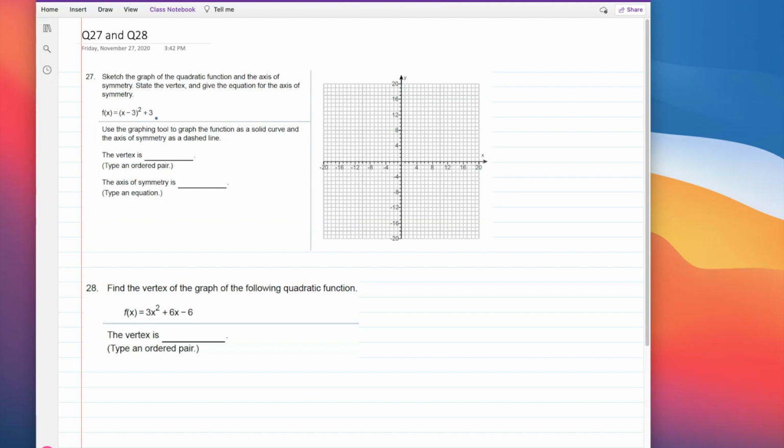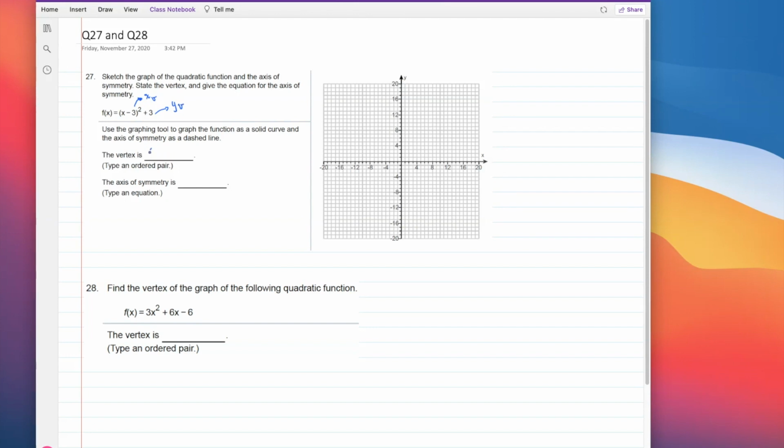So from the function, you don't need to do any calculation, and you're going to extract the vertex. Here is your x for the vertex, and here is the y of the vertex.